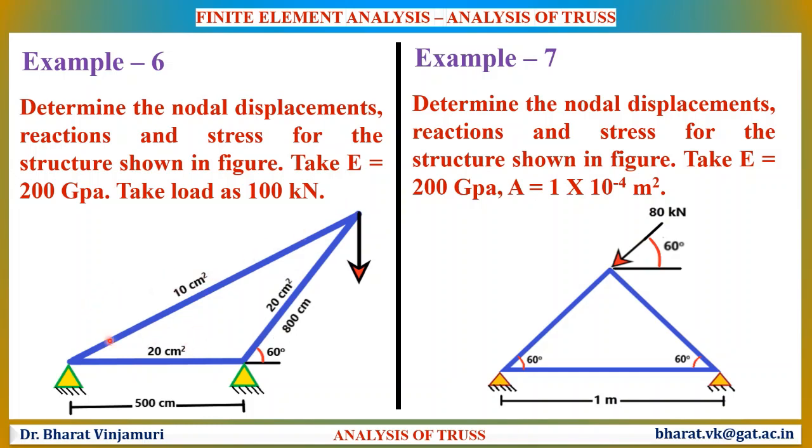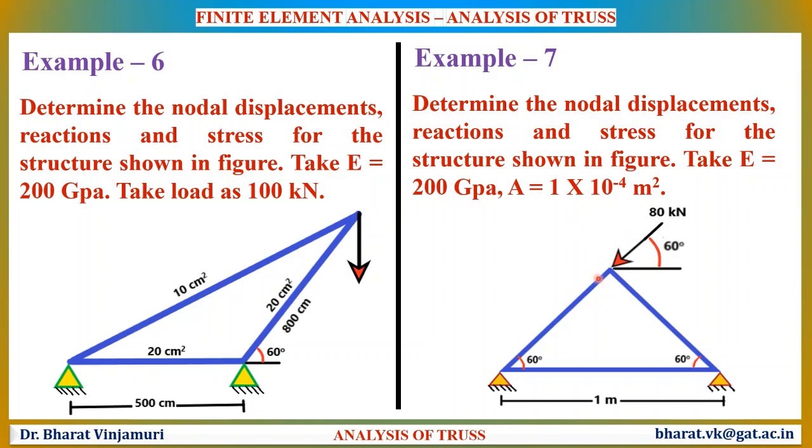Here in this numerical, the length of the first element is given as 500 centimeters, the second element is given as 800 centimeters, but the length of the third element has not been given. Here 20 centimeter square and 10 centimeter square represent the areas of each element. So a careful geometric analysis will help you find the length of the third element.